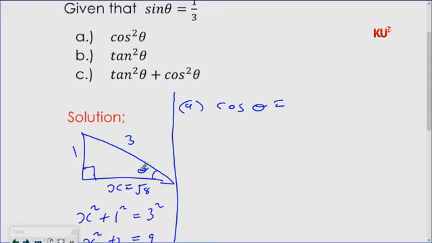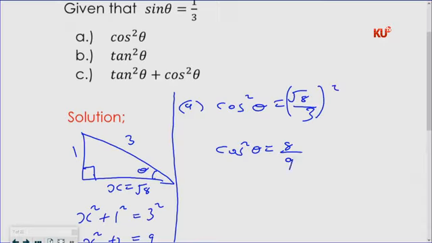Adjacent side to this theta is this side, which is root 8 over hypotenuse. Hypotenuse is 3. But our question was cos squared, so we need to square this, and then we need to square that. Therefore, cos squared theta is equal to, the square will cancel out the square root, 8 over, this square is affecting also the denominator, so you have to square 3, you get 9.